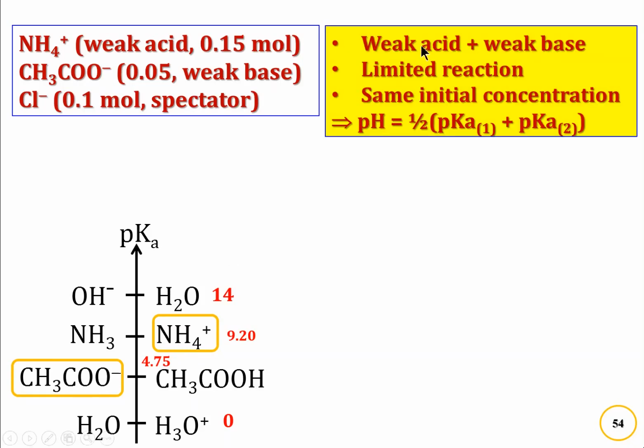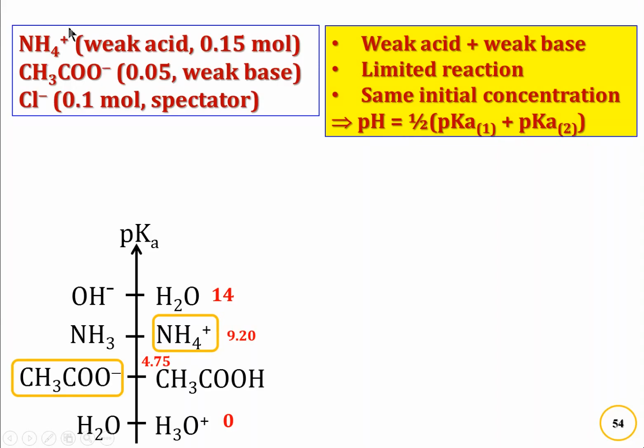And we know if we have in a solution a weak acid and a weak base, and the reaction between them is limited, and if the acid and the base have the same initial concentrations, we can apply the formula directly: pH equals half of pKa couple 1 plus pKa couple 2.